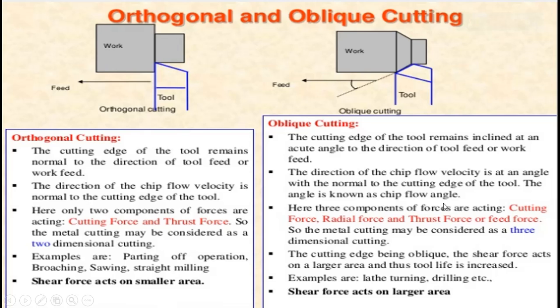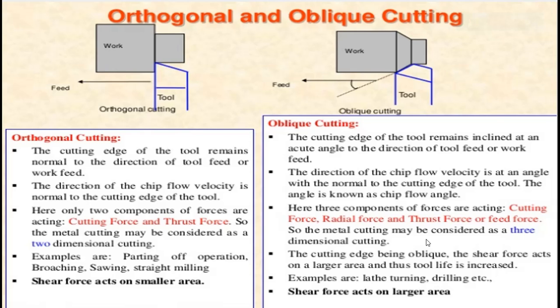In orthogonal cutting, only two forces are acting, that is cutting force and thrust force. So this method may be considered as two-dimensional cutting. Whereas in oblique cutting, other than cutting force and thrust force, radial forces are also acting, hence it is considered as three-dimensional cutting.